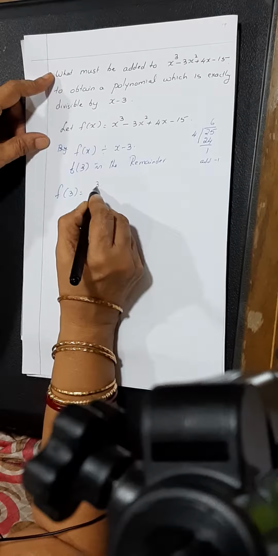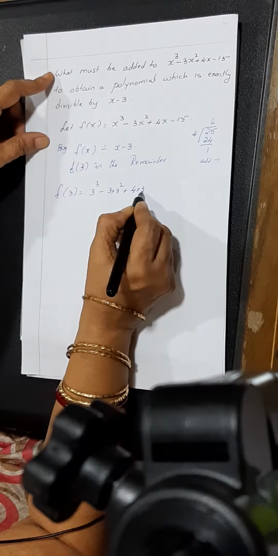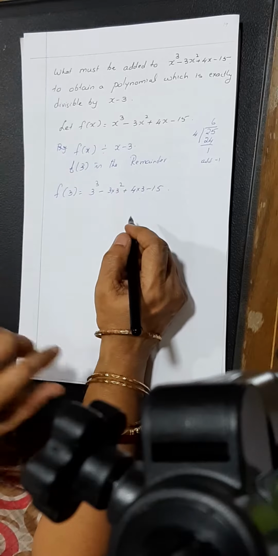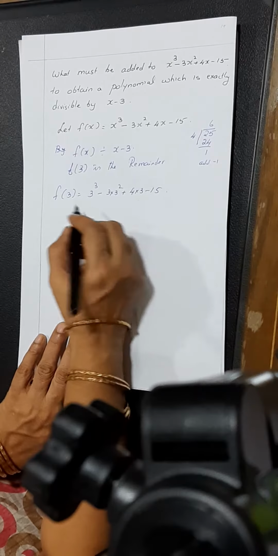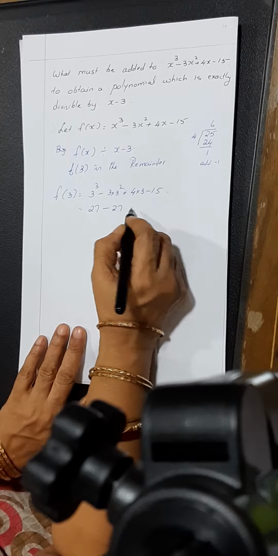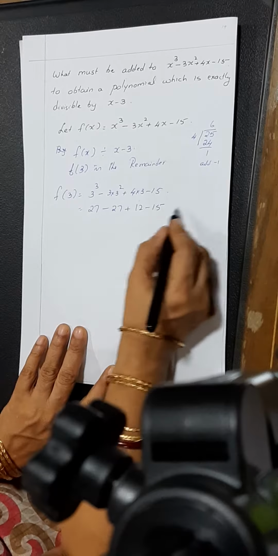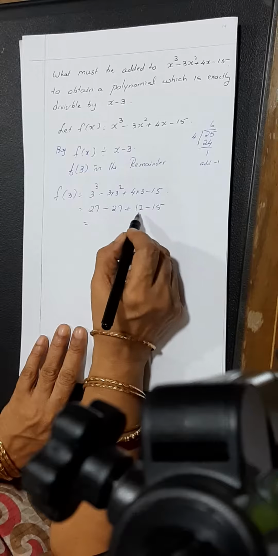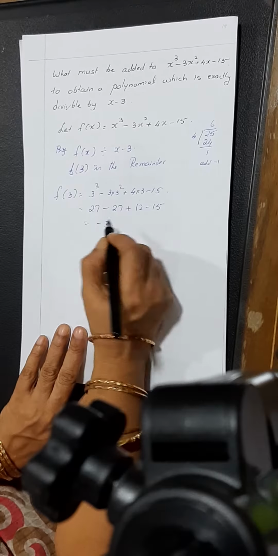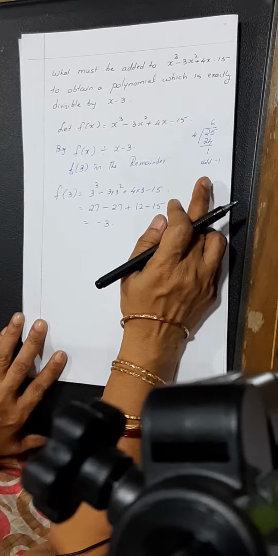So find f of 3, that is equal to 3 cube minus 3 into 3 squared plus 4 into 3 minus 15. So you get this as 27 minus 27 plus 12 minus 15. So that is equal to, this gets cancelled, it is minus 3. So you get the remainder as minus 3.